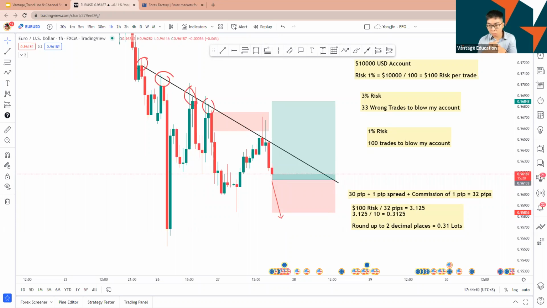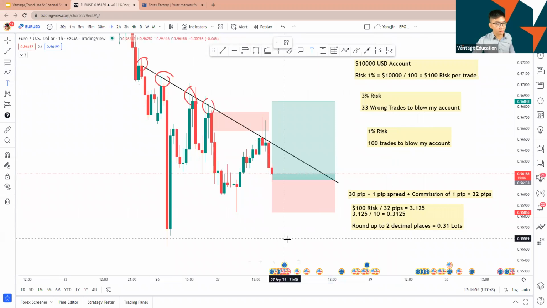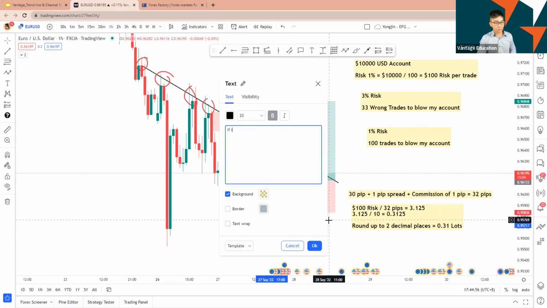So I was doing one lot on every single trade. If I did 1 lot here, all the way down 29.7 pips, combined 32 pips, I would have lost $320.